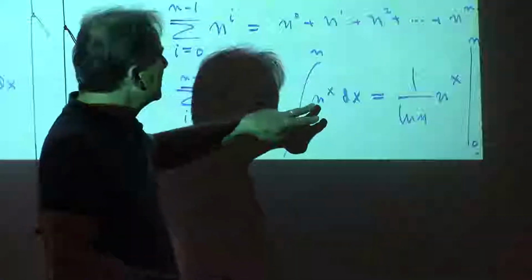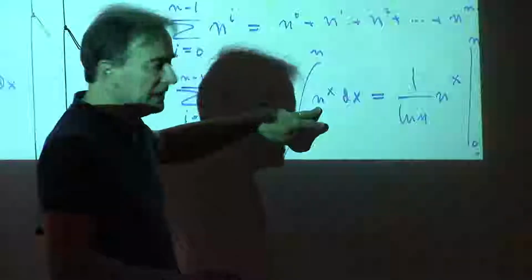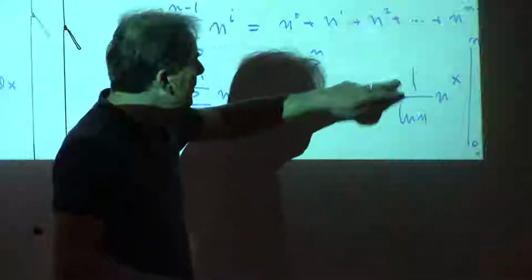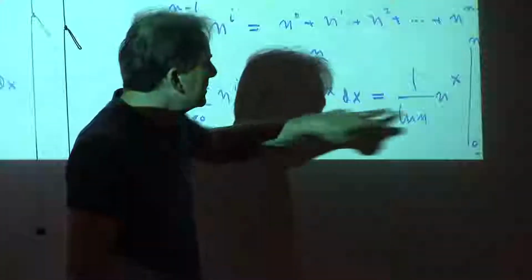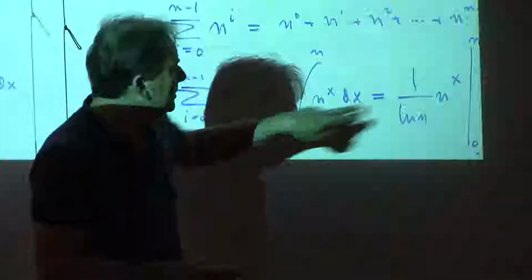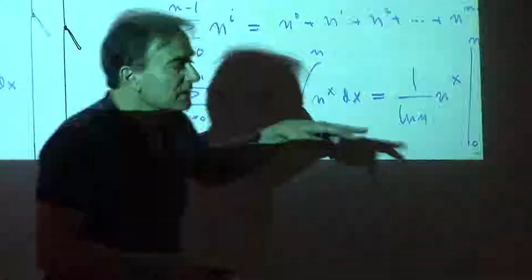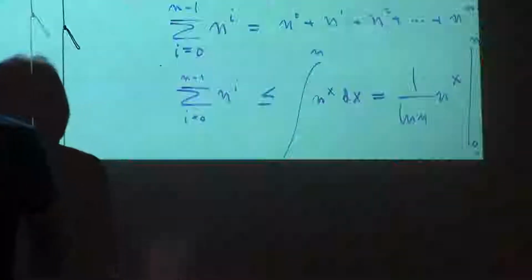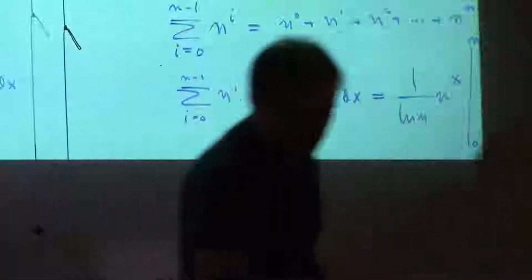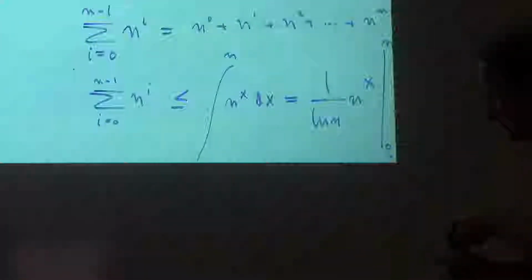So the derivative of n to the x, when n is constant, is 1 over natural log of the base times n to the x. So it's very similar. For e to the x, the integral is e to the x. Well, this is still the same thing, except you have to divide it by natural log of the base. That's the adjustment factor. It's like a scalability factor. How it's done, I can show you if you're interested. And if you're not, I'm not going to test you on it, so don't worry about it.